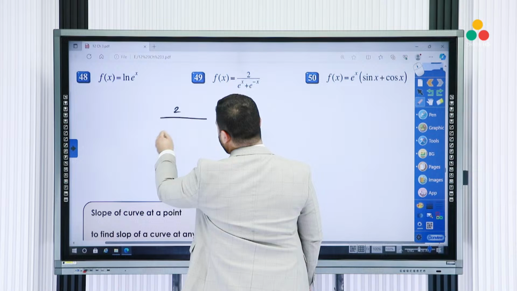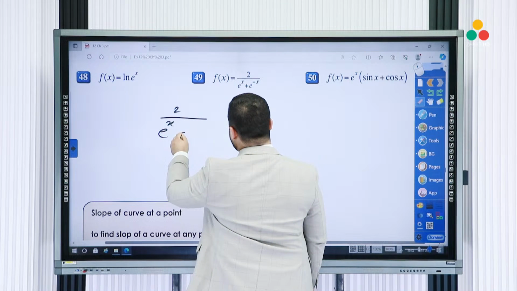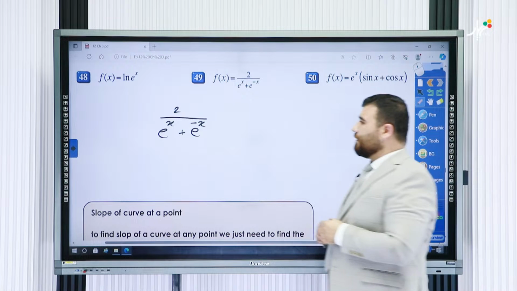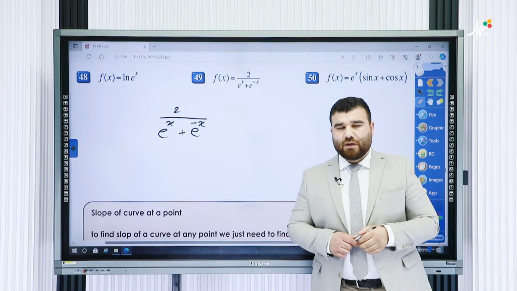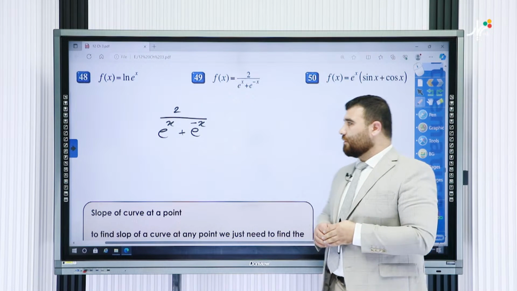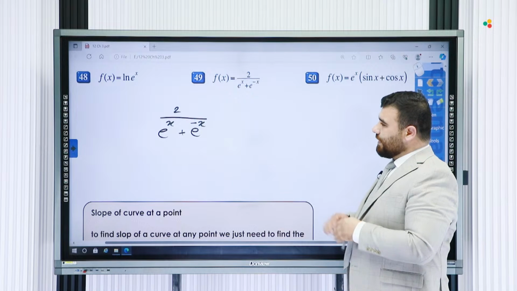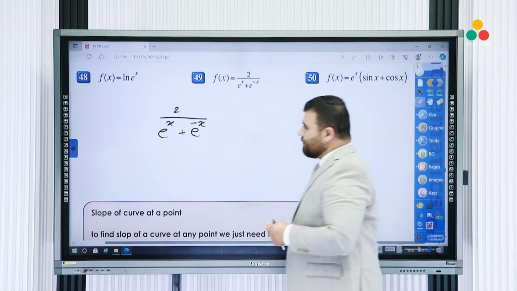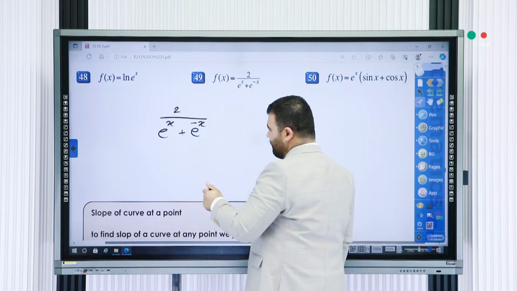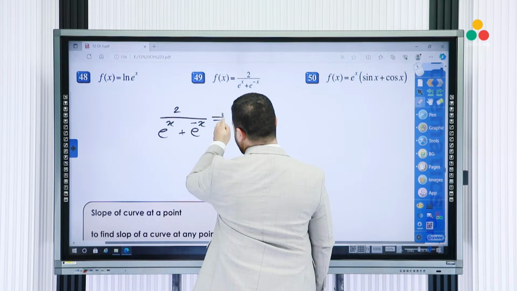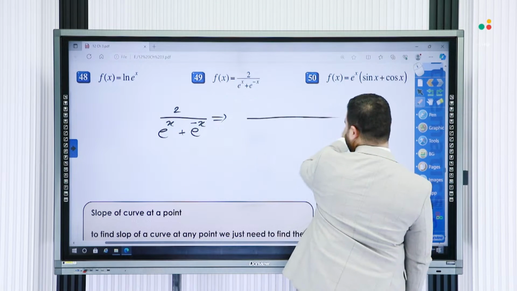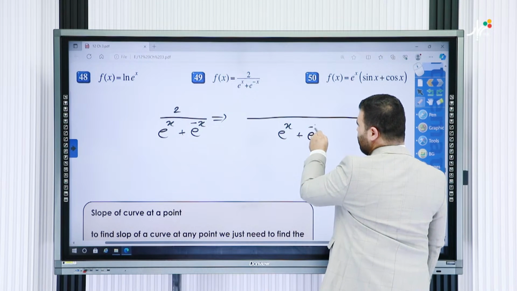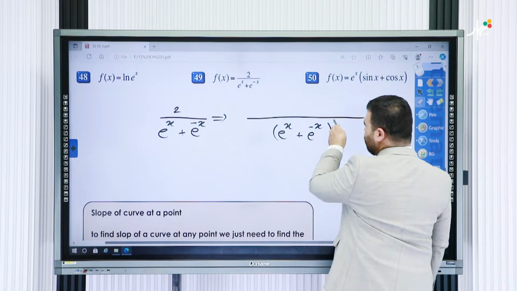Two over e^x plus e^(-x). For this one, we can use the quotient rule, or we can make them all power 1 and send them up. The quotient rule is okay. The quotient rule makes the denominator power 2: denominator e^x plus e^(-x) to the power 2.